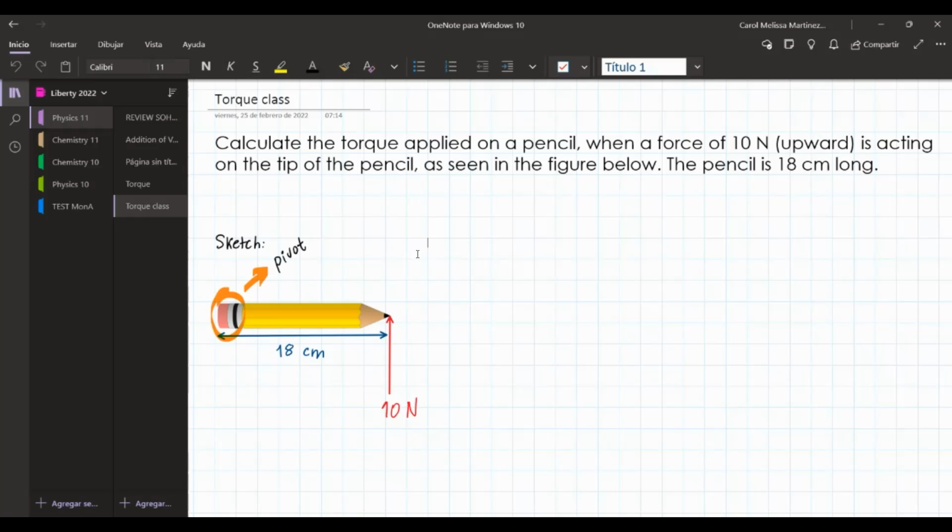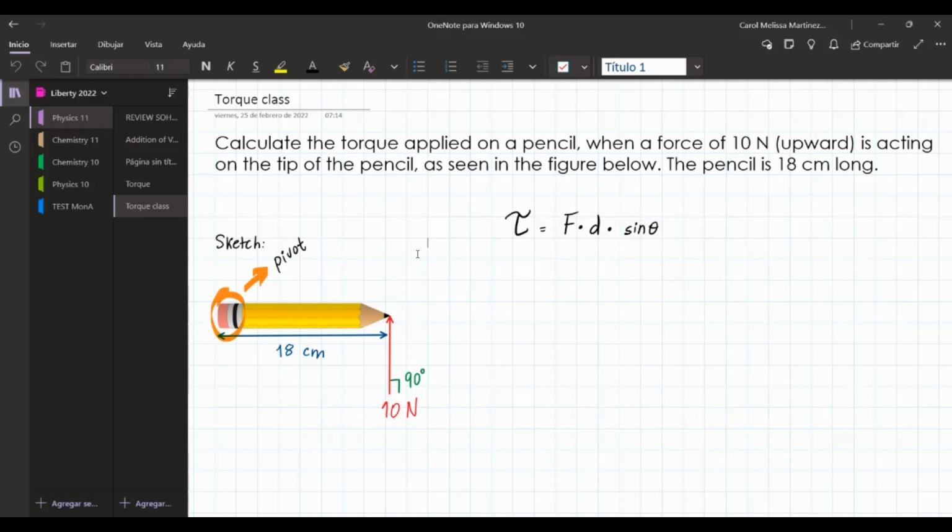So we apply the formula for torque, which is the Greek letter tau, force times lever arm times sine of the angle. Question, what angle do I have over here? 90. A right angle? Exactly, 90.